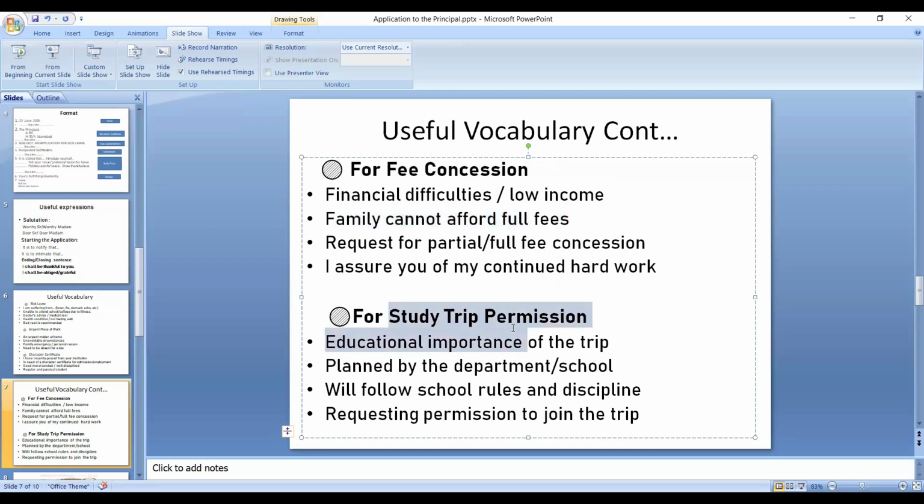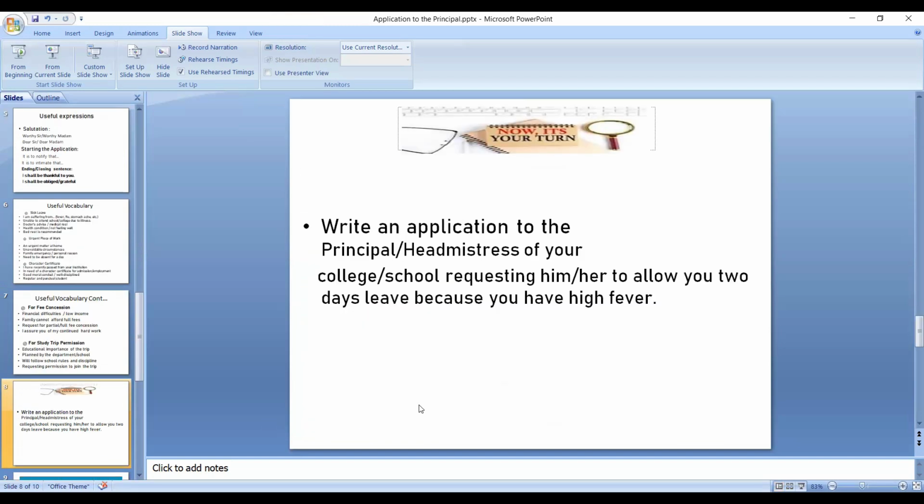And finally, for study trip permission, you might need vocabulary such as educational importance of the trip planned by the department or the school, will follow school rules and discipline. That's important. Requesting permission to join the trip. So that's all about learning an application.